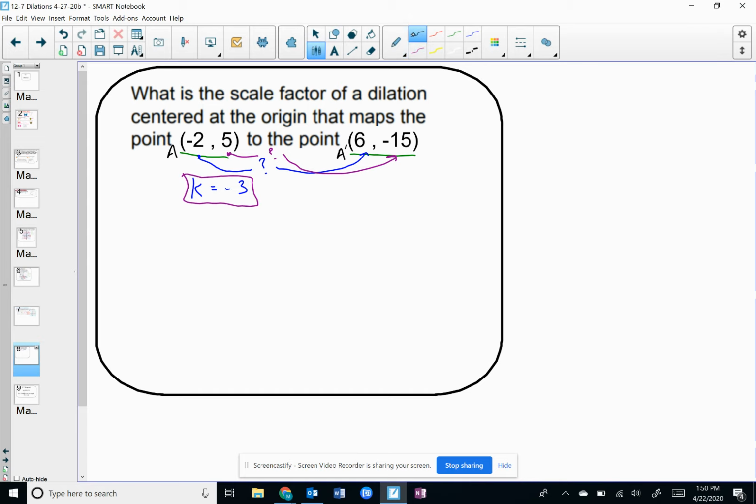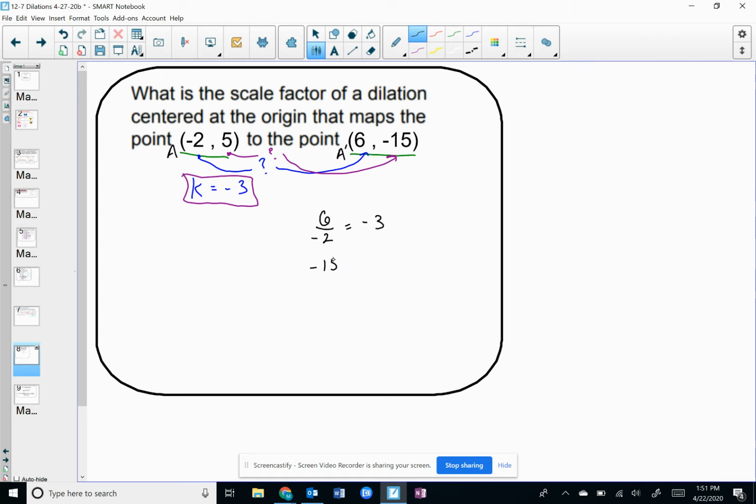Now, sometimes these numbers, like 6 and -15, will be weird decimals. And so the way you could do it is if you think about if I take a number and multiply it by a number to get the ending result, then to find that number, I could have taken the result and divided by the original to get the scale factor. So the new x value, 6, divided by the original gave me -3.